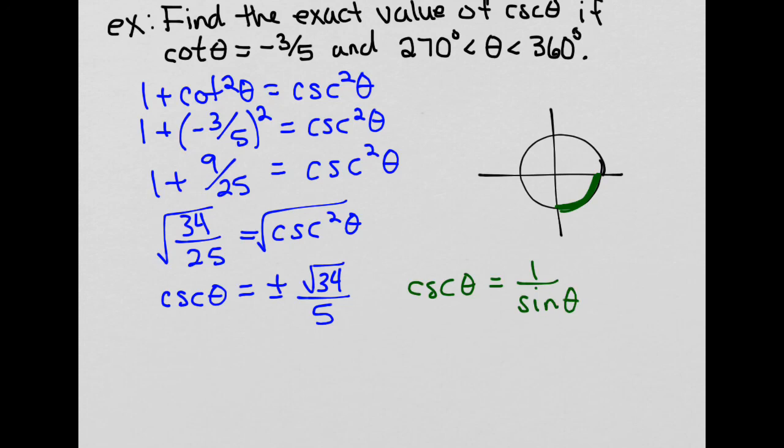So if you look over here at this quadrant, the y values are going to be negative. So that's going to give us negative y's, which means that cosecant has to be negative in that quadrant. So cosecant theta would equal negative square root of 34 over 5.